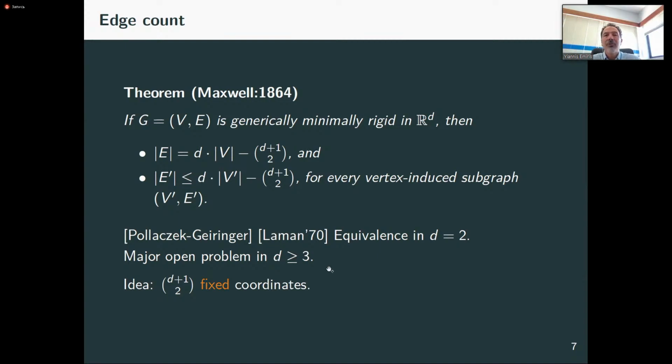We have no idea for the converse direction in 3 and more dimensions. Of course, in 3 would be very interesting. There are some partial results. Okay. And I already talked about this combinatorial quantity, which is the number of fixed coordinates to avoid rotations and translations.